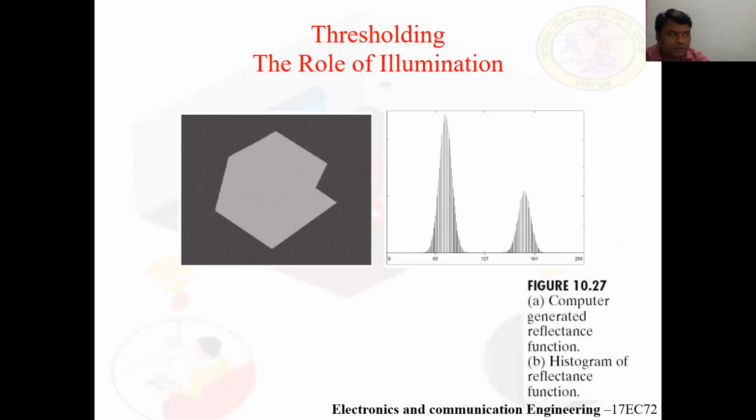Optimum global thresholding using Otsu's method. Otsu's method is an attractive alternative method. The method and algorithm maximize the between-class variance, a well-known measure used in statistical discriminant analysis. Let 0, 1, 2, etc. up to L minus 1 denote the L distinct intensity levels in a digital image of size M cross N pixels.